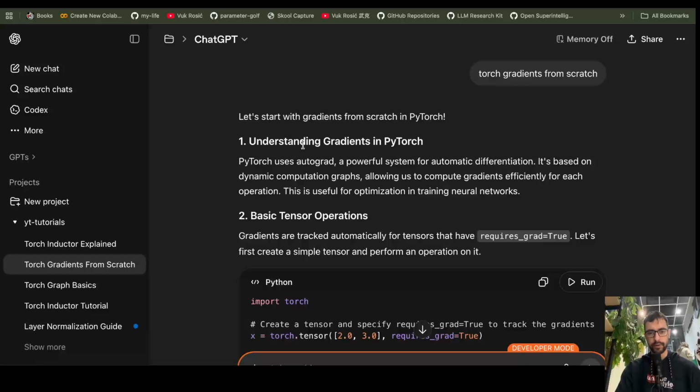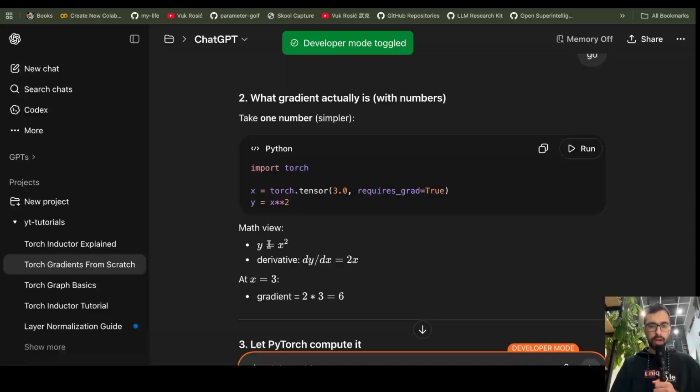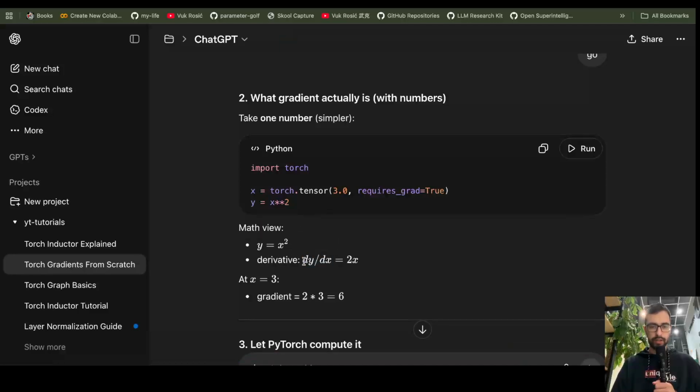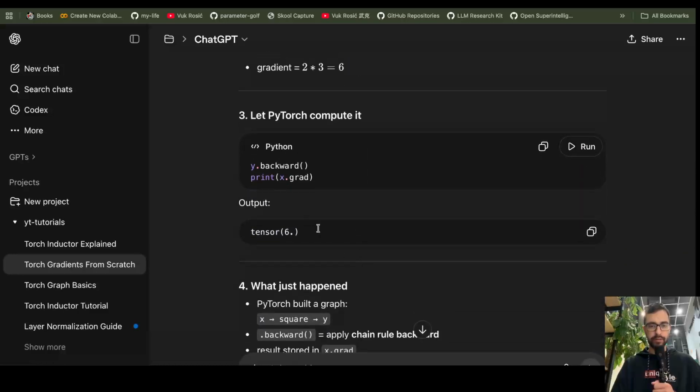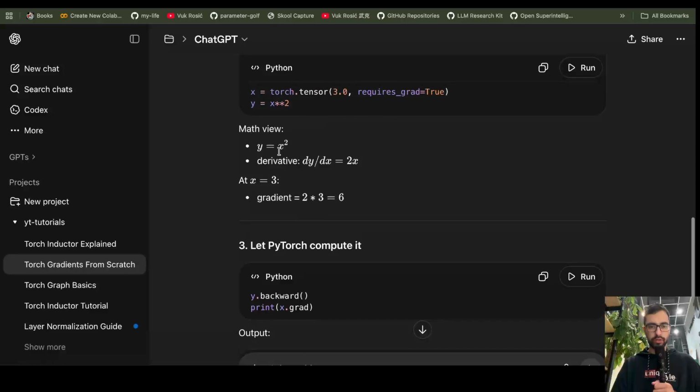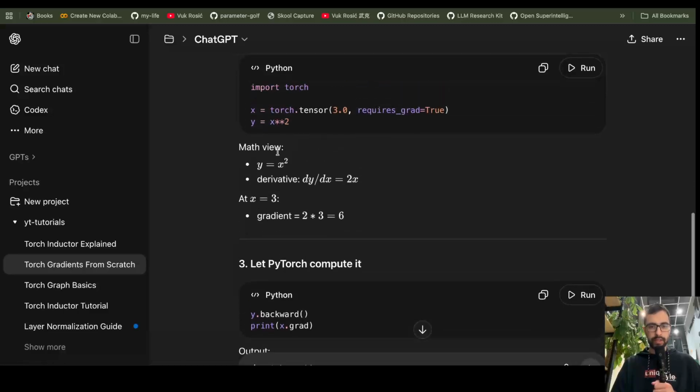We know how derivatives work. If you have x squared, the derivative will be 2x, so you can remind yourself, and PyTorch will actually compute it.